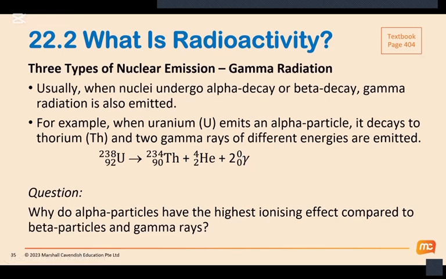It's not really necessary to write this 0 0. You can just write 2 gamma, it's fine. But if you want to write the 0 0, it's not wrong as well. So I already have 2 here. I want to make 92, so my thorium will be just 90. And then over here, I already have 4, so I only need 234 to balance up to 238. Okay, so basically that's it.